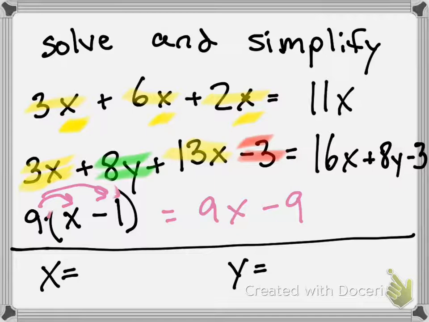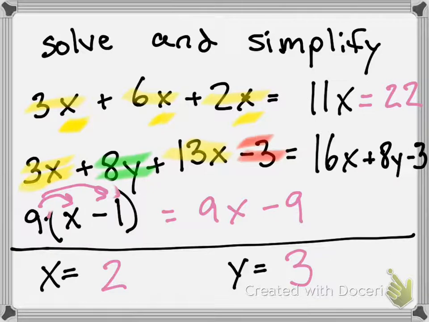Now, I want you to solve these problems if x equals 2 and y equals 3. First one, 11x. If x equals 2, what is our answer for 11x? Alinza. Perfect, it's 22. Next problem, what is 16 times 2?